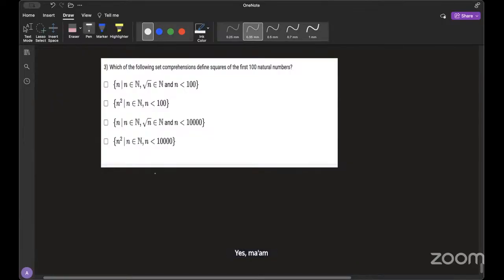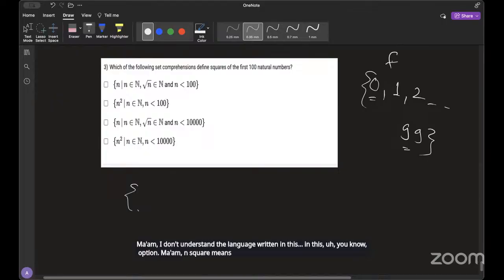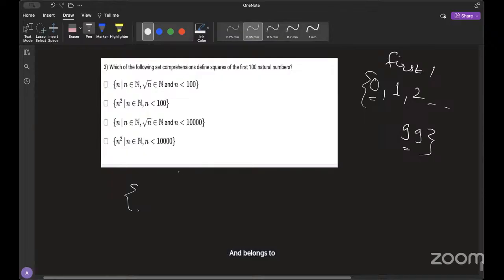You have to find the set notation for the squares of the first 100 natural numbers. Your first 100 natural numbers start from 0, 1, 2. Ma'am, in this option, n square means a number such that n belongs to natural numbers and n is less than 10,000.